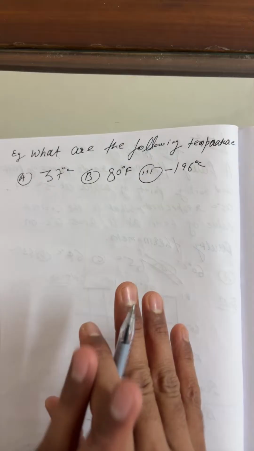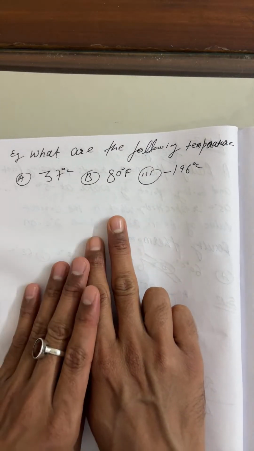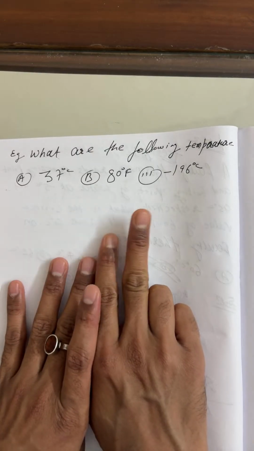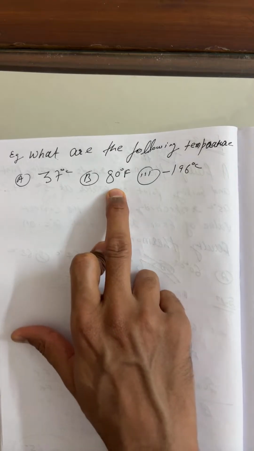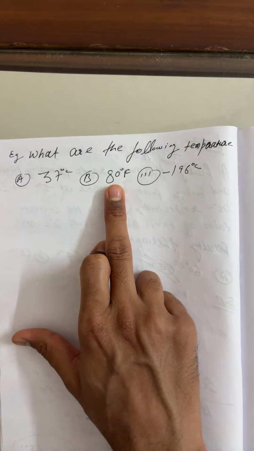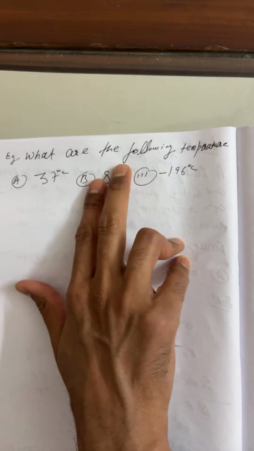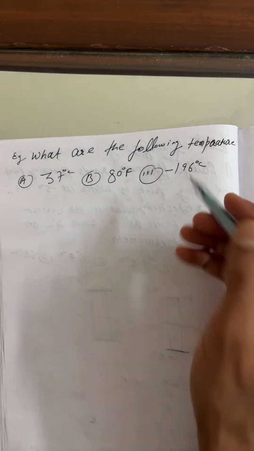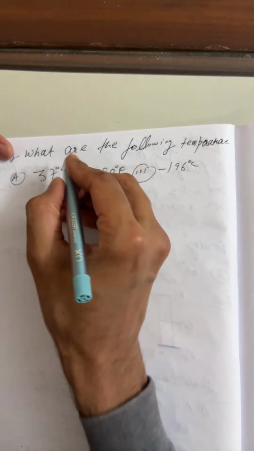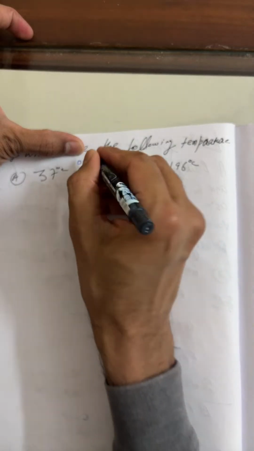You can convert all these temperatures. Degrees Celsius is a temperature, but as you can see, we convert degrees Celsius to Kelvin. This one is degree Fahrenheit. We will go through this one by one. The question says what are the following temperatures, but something is missing here: on the Kelvin scale.